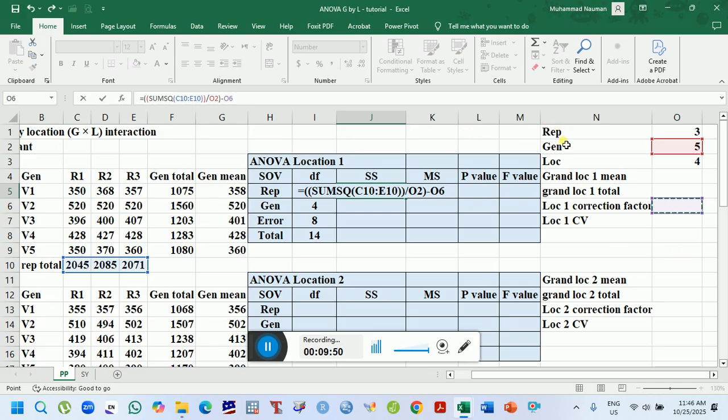And for replication, genotype, and location, whichever cell we will mention, we will fix only these cells accordingly. So here we will fix the genotype by placing the dollar sign before and after the alphabet. This is O2. O2 is the number of genotypes. Press enter.